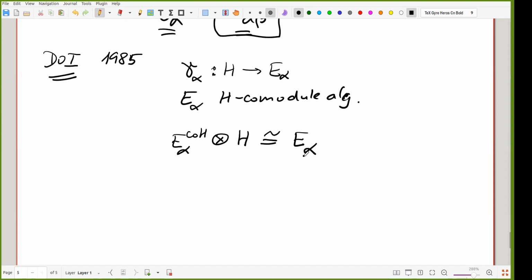Basically, every element here can be written as sum of some coinvariants U_i. They are in alpha, but forget alpha. We are just for fixed alpha doing U alpha gamma of some h_i. This is how they look like.